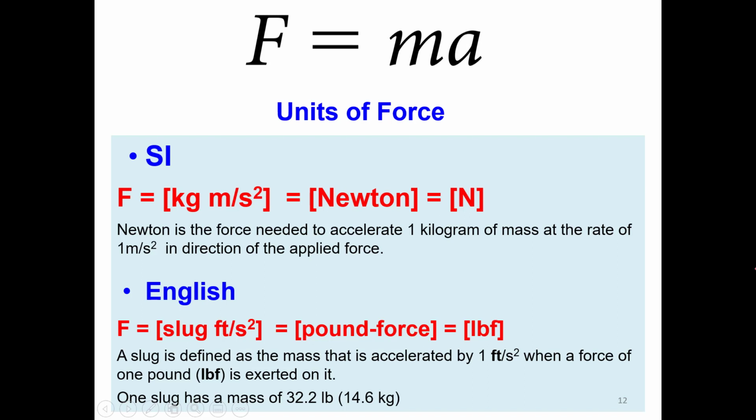In your book, they use just pounds, but the problem is that we can confuse this with the units of mass. This is why it's good to use an F to indicate that this corresponds to units of force. So in the SI system, the unit for force is the Newton, and in the English system, the unit for force is the pound force.